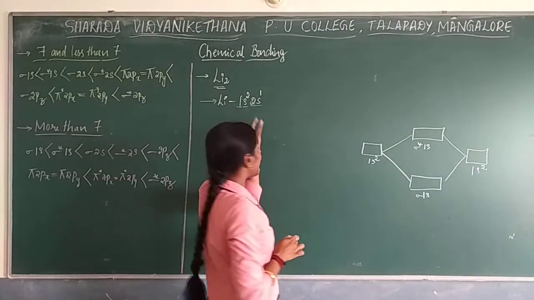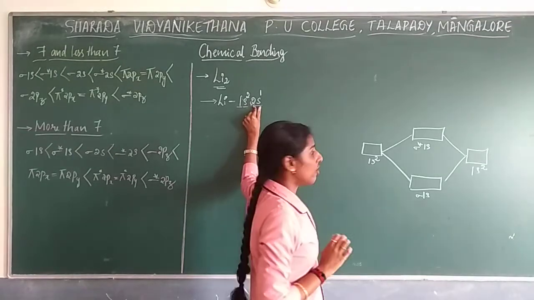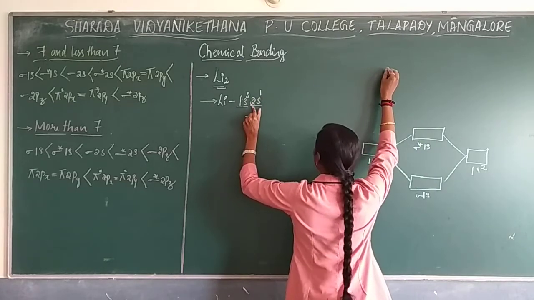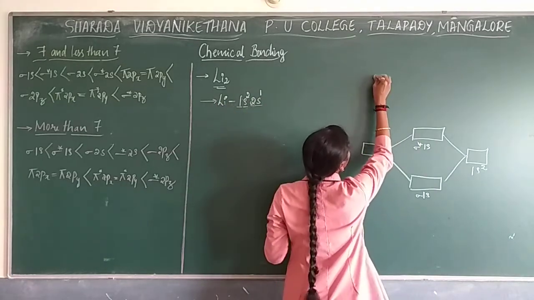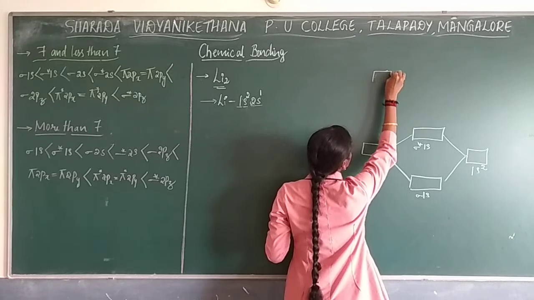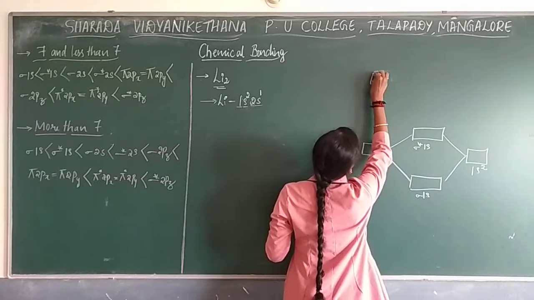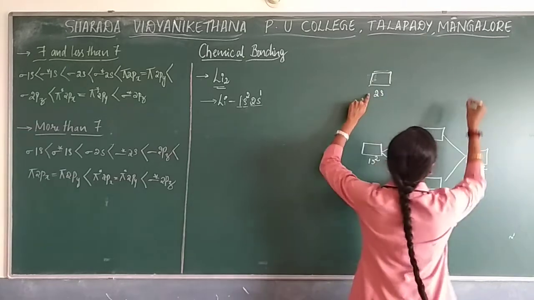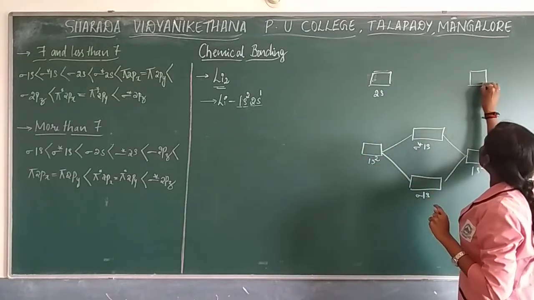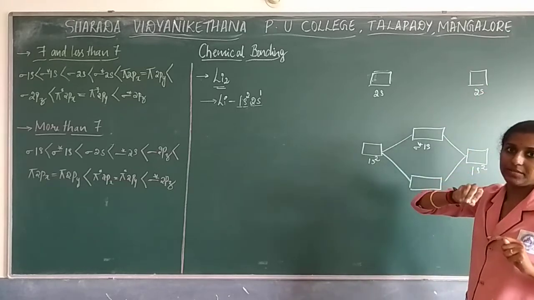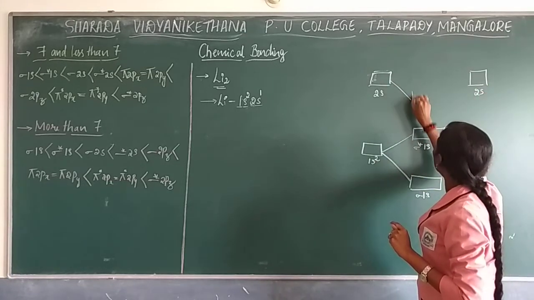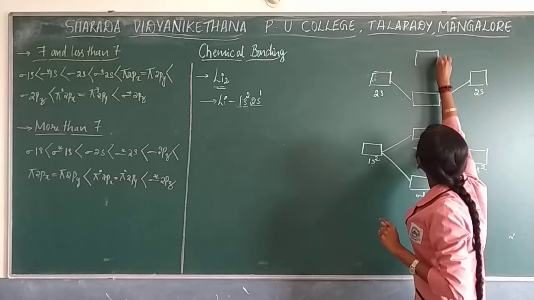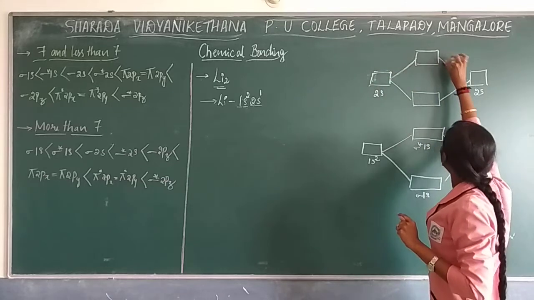Next we will draw the structure for 2s1. In the same way you need to consider the second orbital of lithium. The 2s orbital of one lithium will combine with the 2s orbital of another lithium to form a bonding molecular orbital and an anti-bonding molecular orbital.